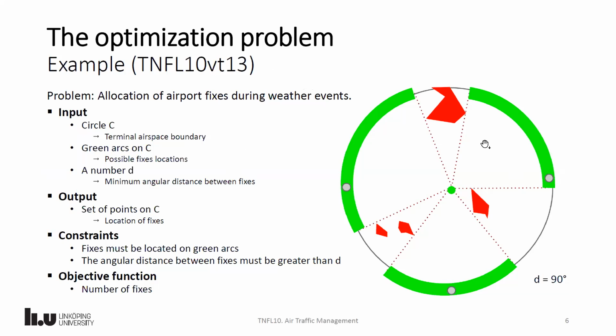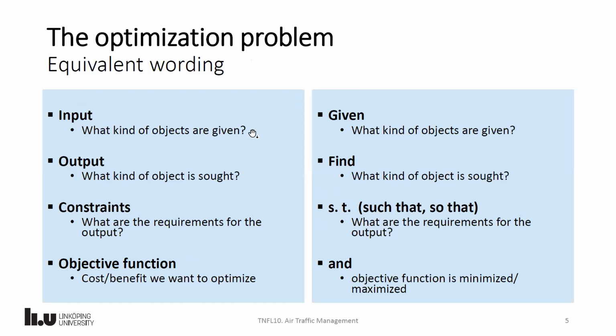I'm back. The things that come with working from home. So I was saying, yes, these two formulations are totally equivalent. We have the input, that's something that is given. The output, this is something that we want to find.